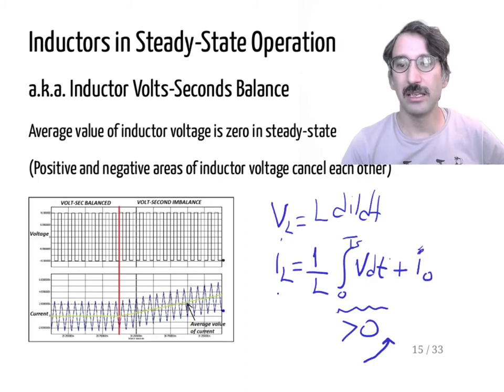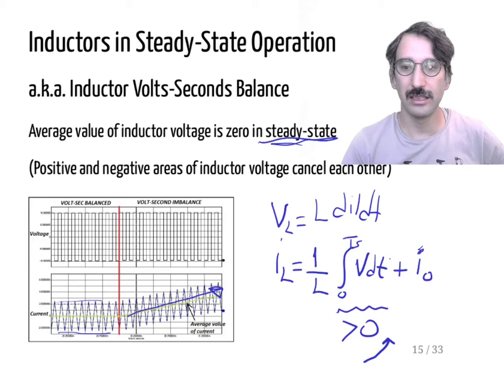So if the inductor current is under steady state, it just sits in a region. However, if you apply a non-zero average voltage, the inductor current will keep increasing.